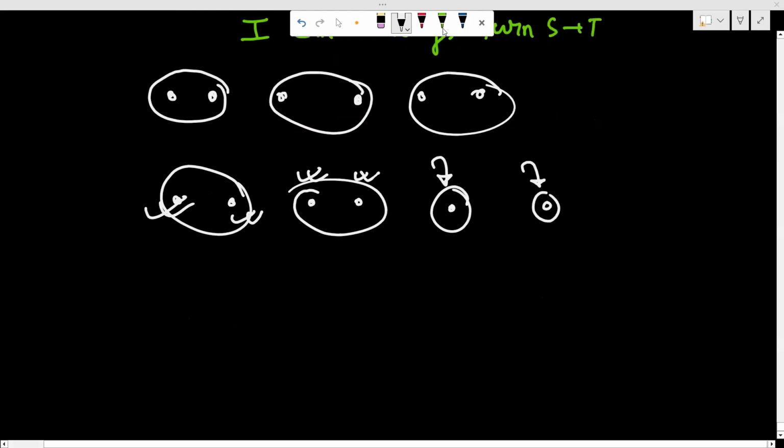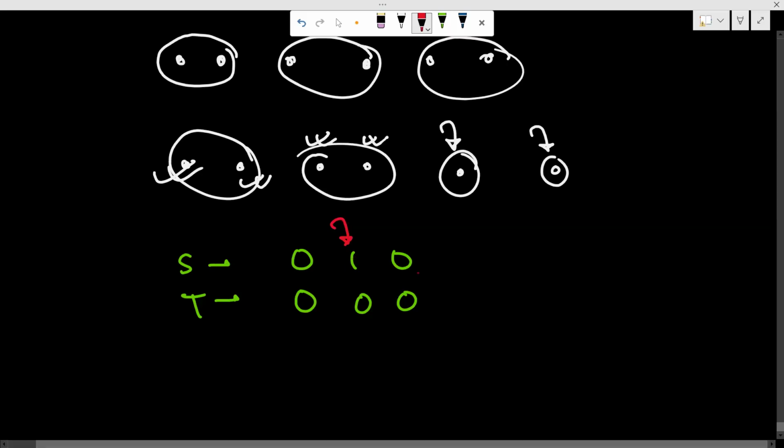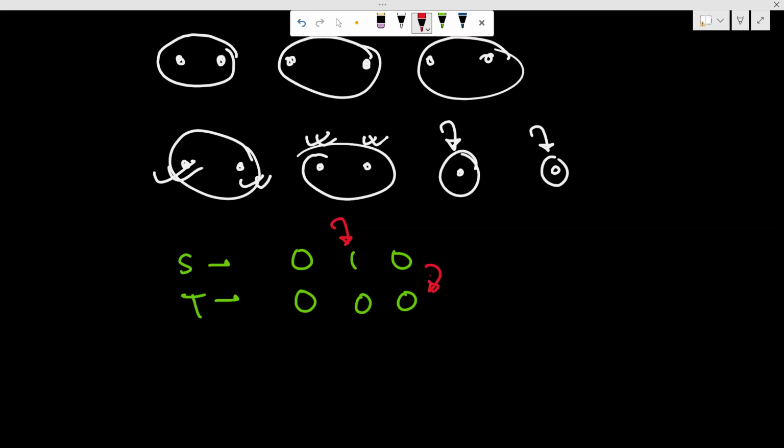So for example, let's suppose string s is 010 and string t is 000. You can just notice I have only one index that has the problem right now, and I can't convert string s to string t by any means. Because if I try to convert s to t, I have to choose one of the indices as this index, and I have to choose one other index as well.